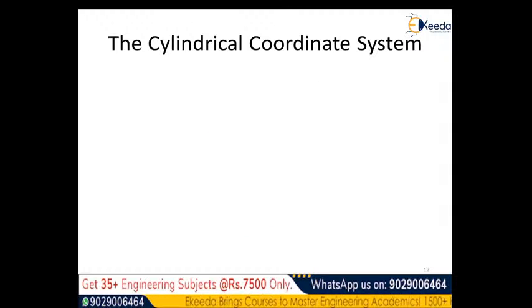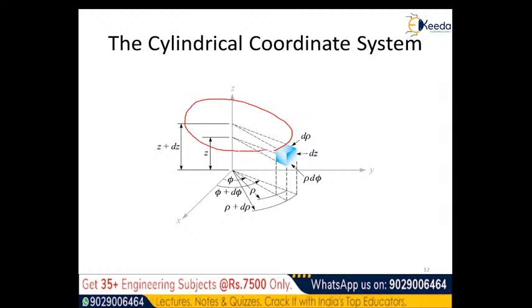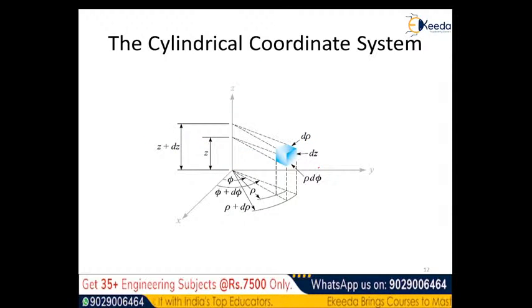So there is a question, what are the unit vectors in the spherical coordinate system, that we shall also study here. Now in the cylindrical coordinate system, as in the rectangular coordinate system, we have the differential lengths, surfaces and the differential volume. Here we can do the analysis with the help of a three-dimensional shape, which is a part taken from slicing a cylinder. You can imagine a cylinder inside a cylinder. If this is a smaller cylinder, this is a bigger cylinder, and this is the part extracted here.